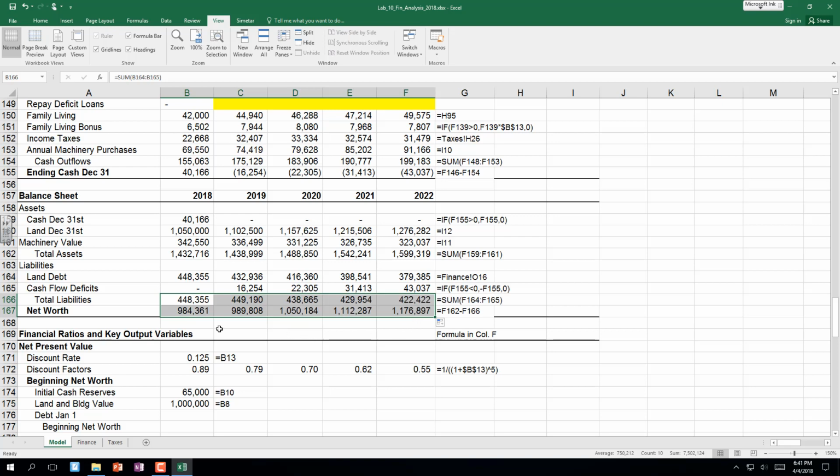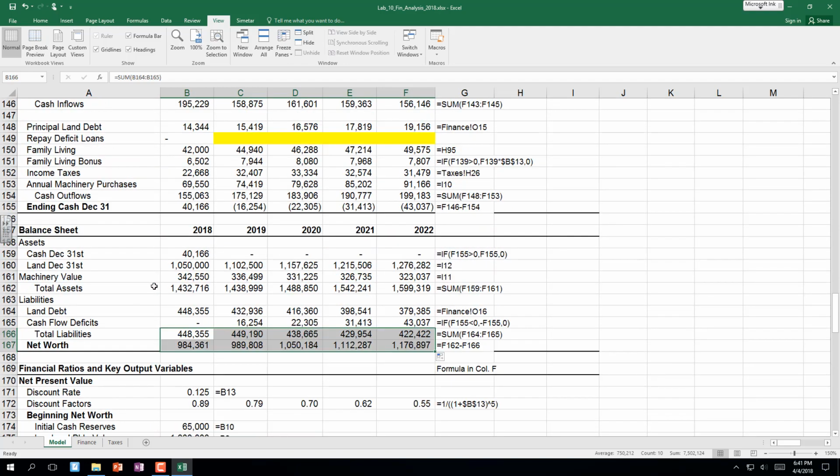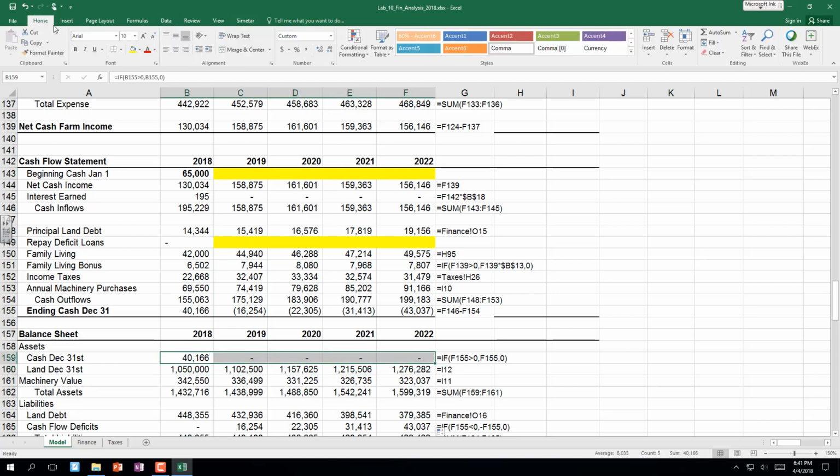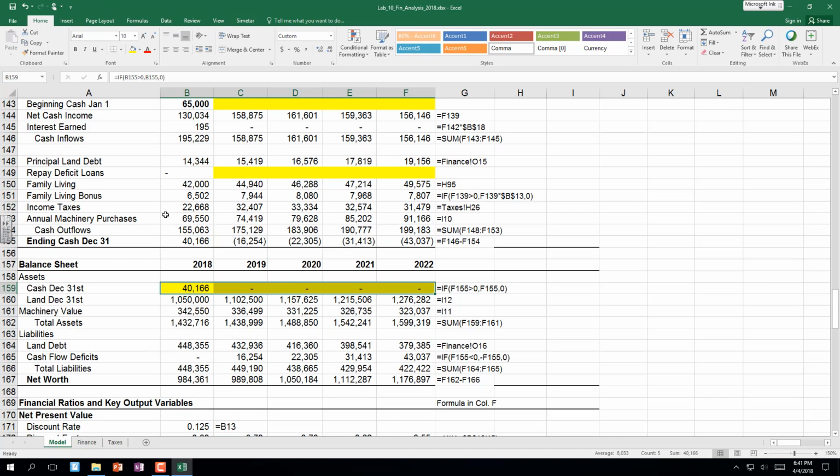Now, we still have some yellow lines up there. What we have to do is the following. We're going to take care of this beginning cash first. By the way, the yellow lines here, I'll give you some more. This one's considered yellow because it's difficult.